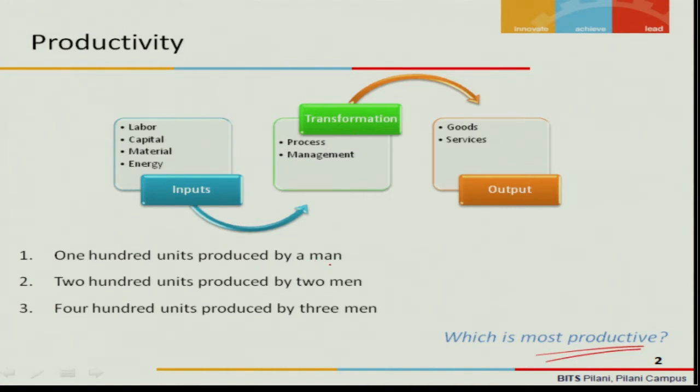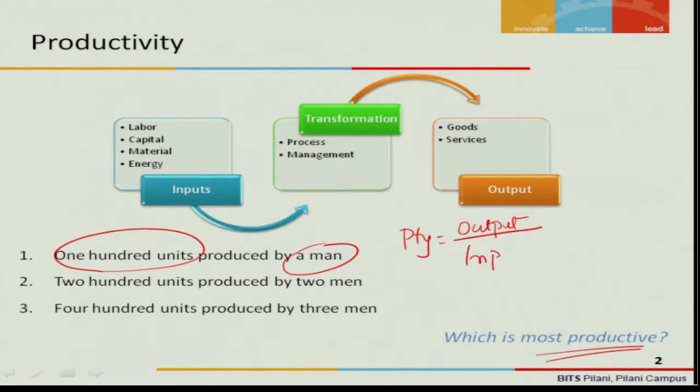Here, which is the input and which is the output? 100 units is the output and a man is the input. So we know that productivity is nothing but output by input. The output here is 100 units and the input is 1 manpower, which is equal to 100.